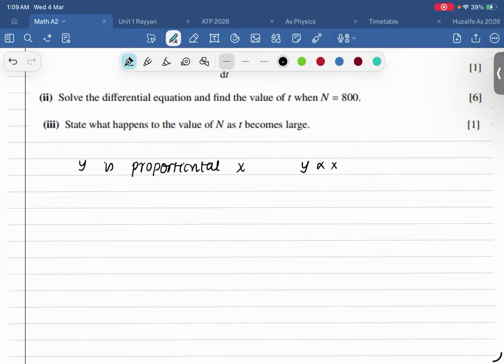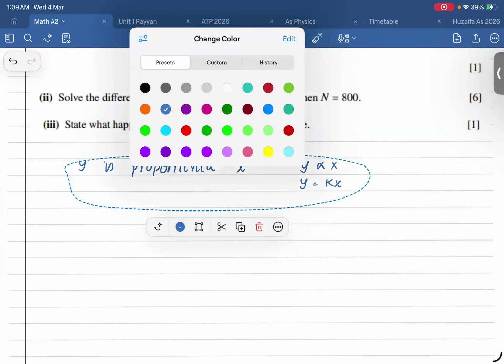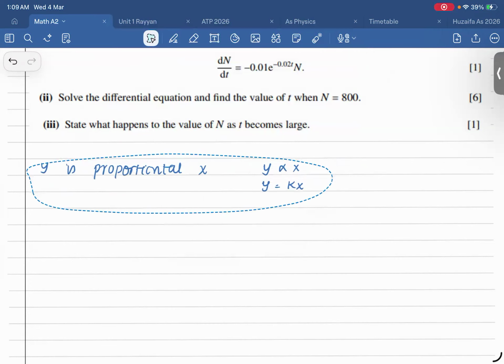And then when you remove the proportionality with equality, you write y equals kx, right? This is the first thing that you guys learn in your O levels. This is the first concept, right?